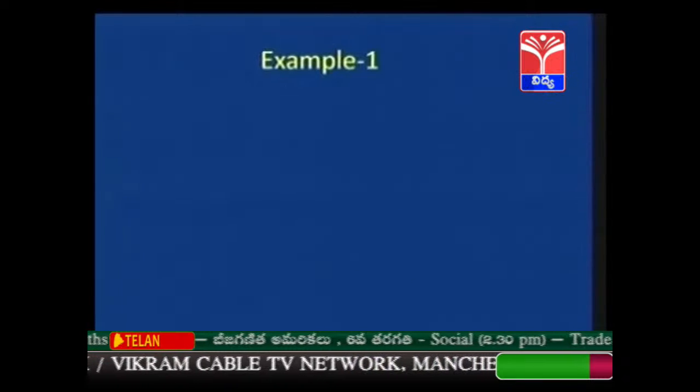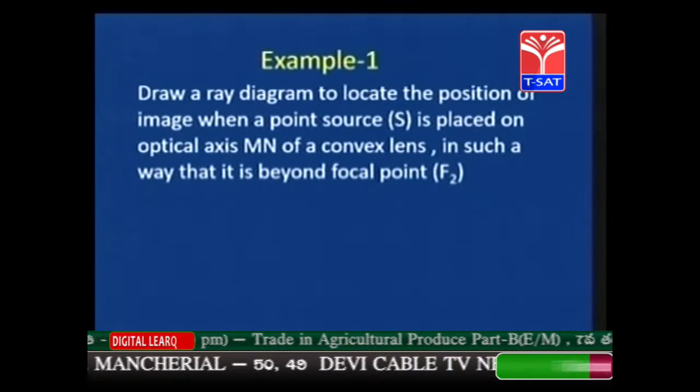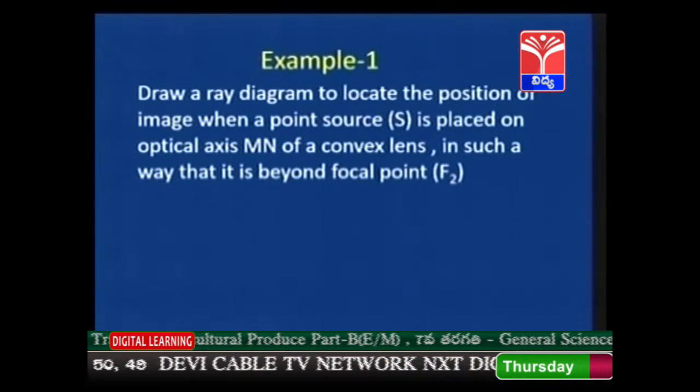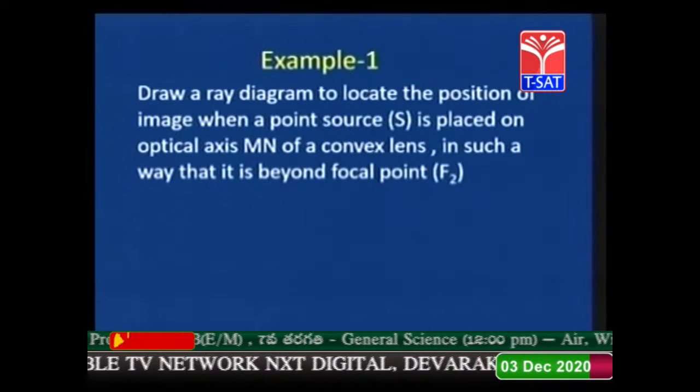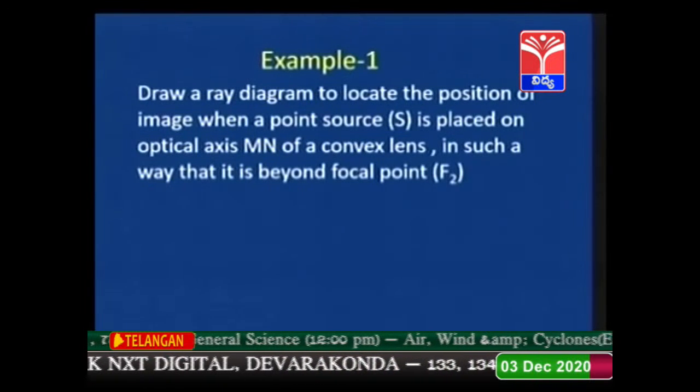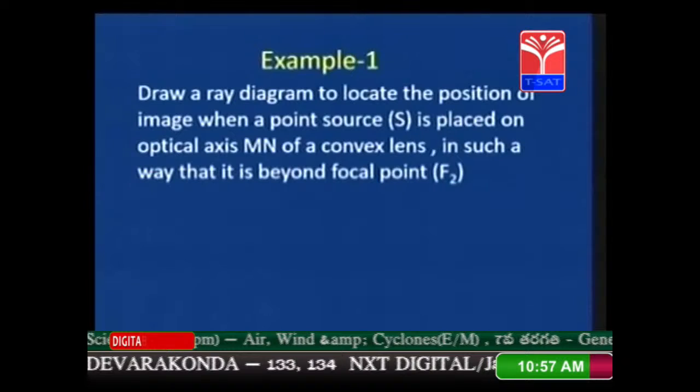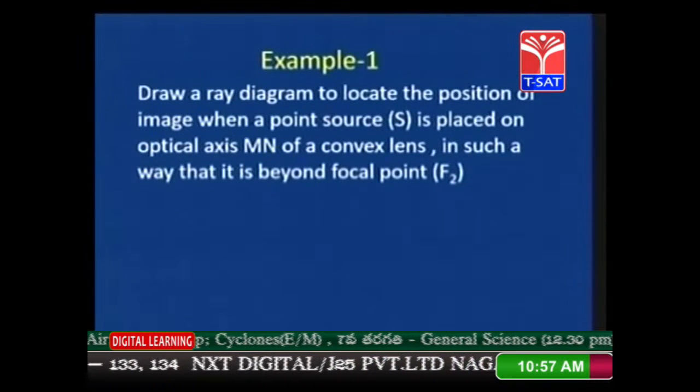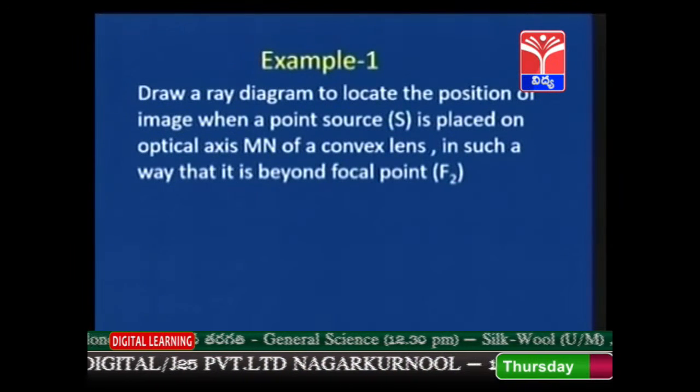With some examples, see example 1. Draw a ray diagram to locate the position of the image when a point source is placed on the optical axis MN of a convex lens in such a way that it is beyond focal point F2.